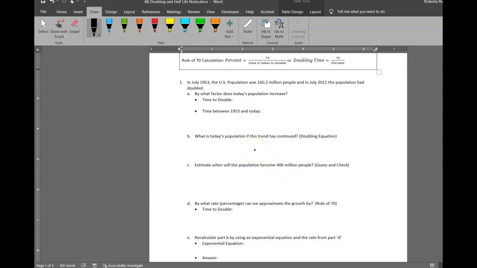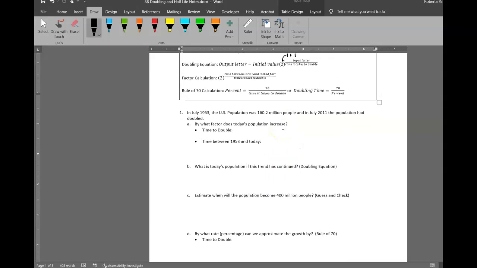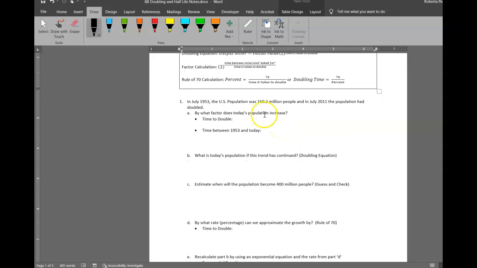So in order to answer this question, by what factor does today's population increase? And factor means that I need to know the time between the initial amount and what's asked for, and I need to know the time that it takes to double. The time that it takes to double, we're going to do that one first.